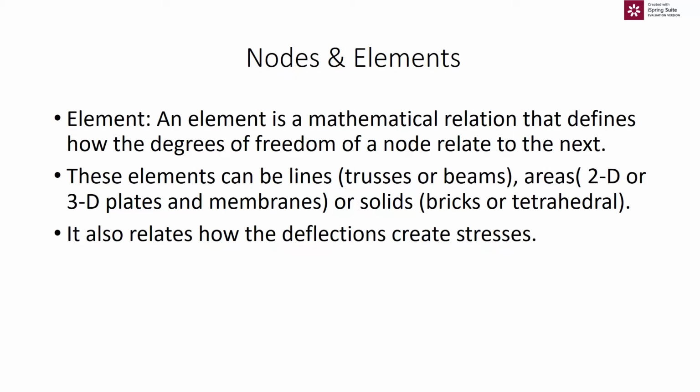We can use multiple 2D elements to create a 3D plate or 3D element, solid element, bricks or tetrahedral. It also relates how the deflection creates stresses. So it depends on what element type we are using. On the basis of that, we can get the stress and the strain in the element.